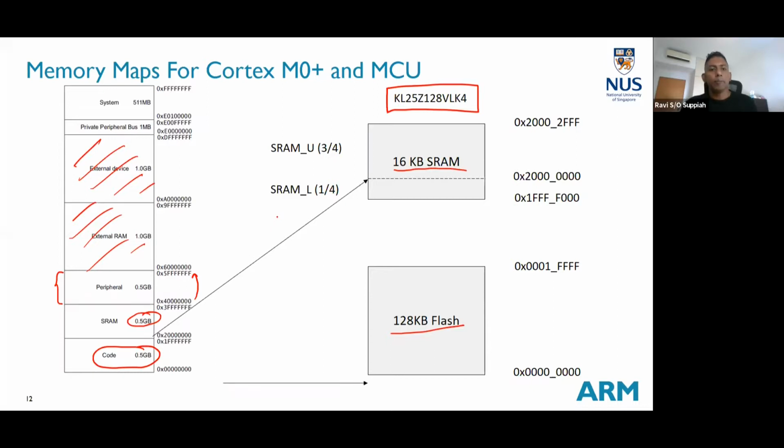Now how do I do mapping using addresses? That is a different topic altogether, and I will be talking about it towards the end of the module: how do you design address mapping hardware?